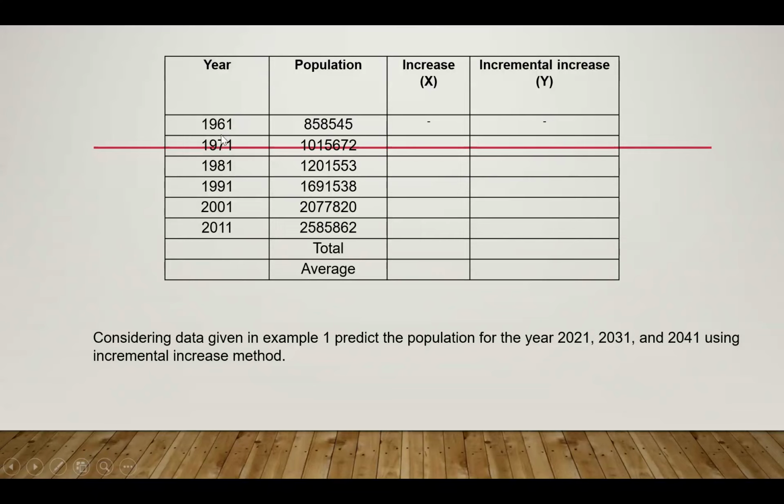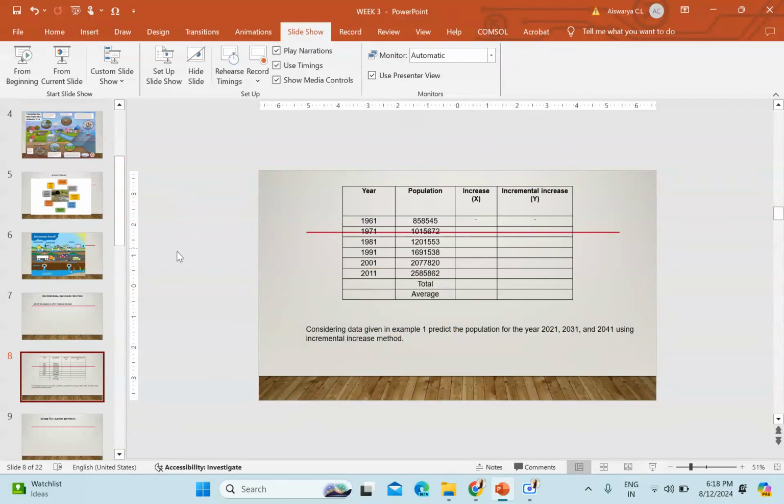Here you have to write the difference between the final and the initial. You always have to go backward, subtracting the earlier value from the later value, then moving on to the next pair.